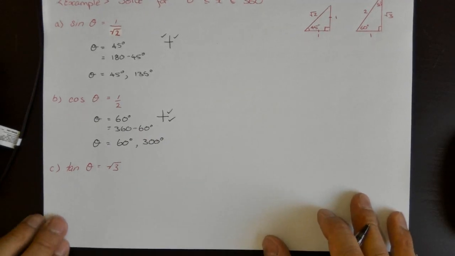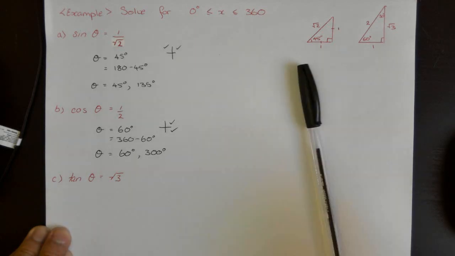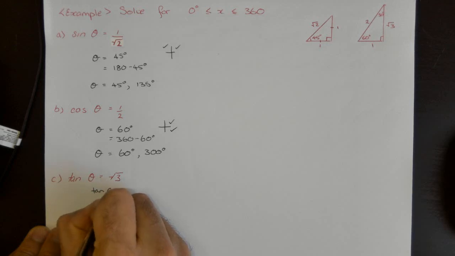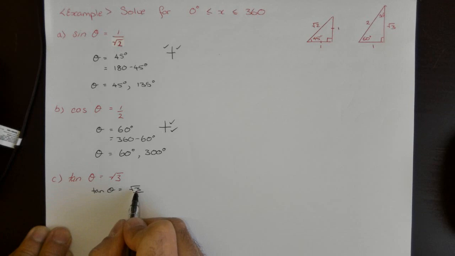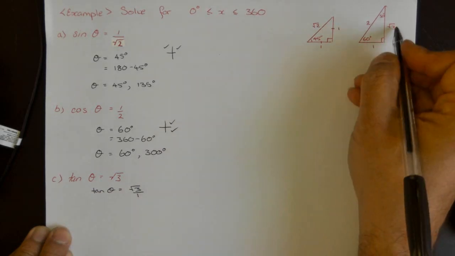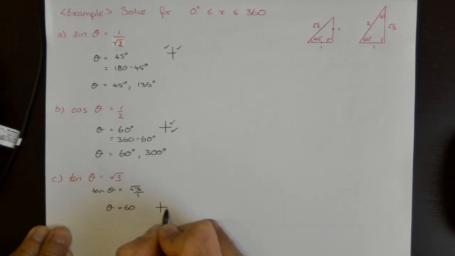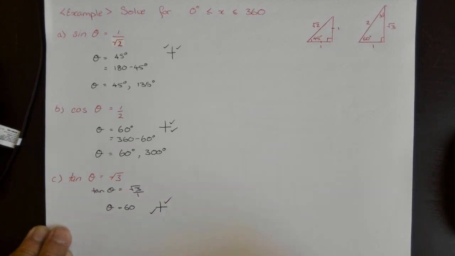Okay. Tan theta equals root 3. That can be written as tan theta equals root 3 over 1, where the opposite is root 3 and the adjacent is 1, so this is tan 60. So theta is 60 degrees, but tan is positive in the first quadrant, and also in the third quadrant.